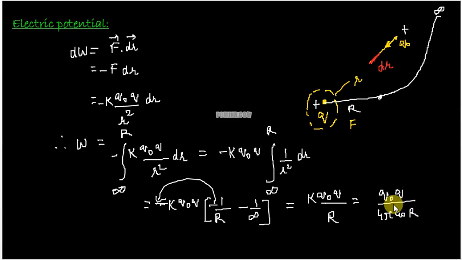This work done gets stored as the electrostatic potential energy of this charge Q naught, which I'm moving against the force of repulsion. And this gives me the electric potential. Electric potential is nothing but this total work done per unit charge. Therefore, electric potential is the work done to move a charge from infinity to a distance R per test charge Q naught.